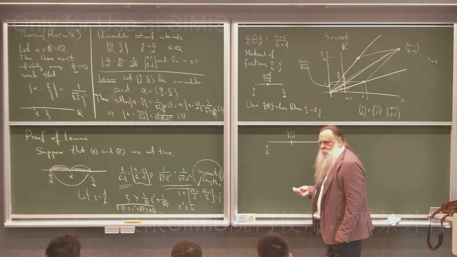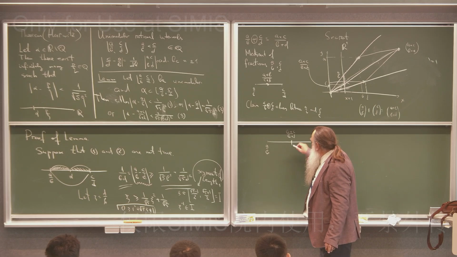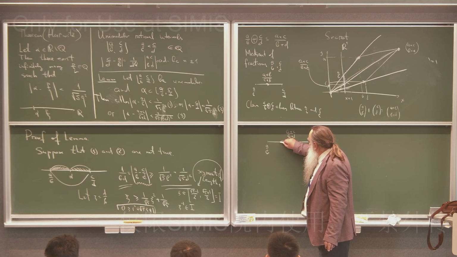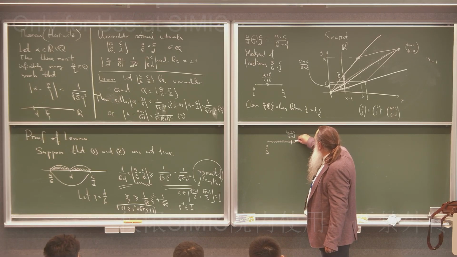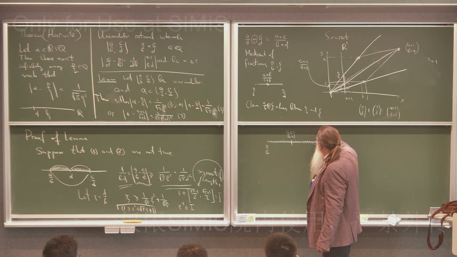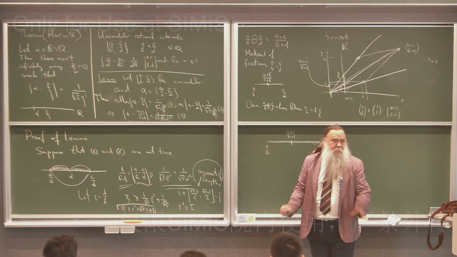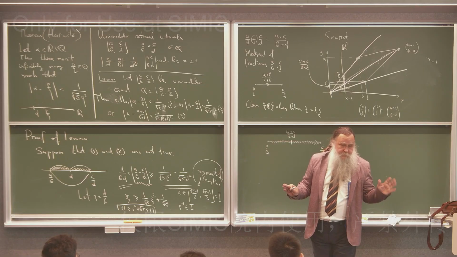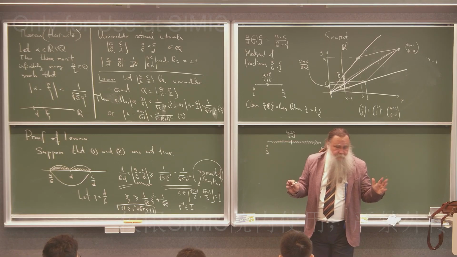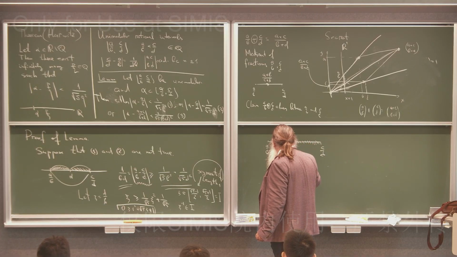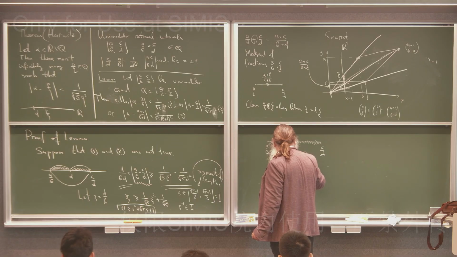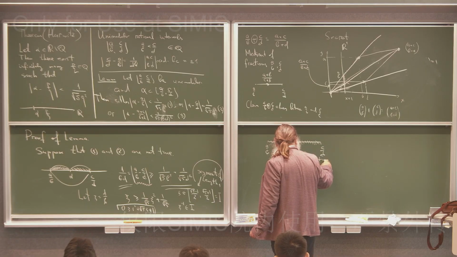So we have two opportunities then. Either alpha belongs to this segment or to that segment. These opportunities are completely symmetric, so I consider one case, one case from two cases.